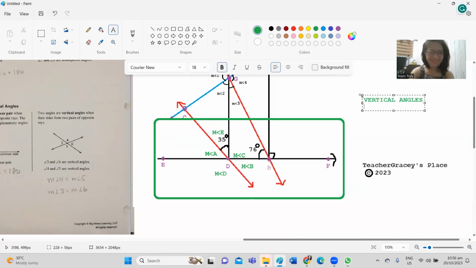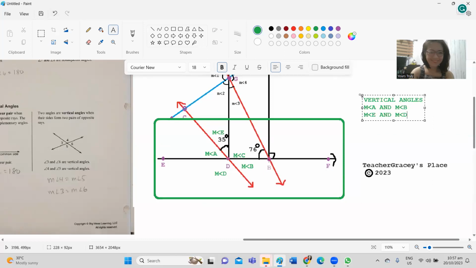The vertical angles are angle A and angle B. Are angle E and angle D also vertical angles? What do you think?